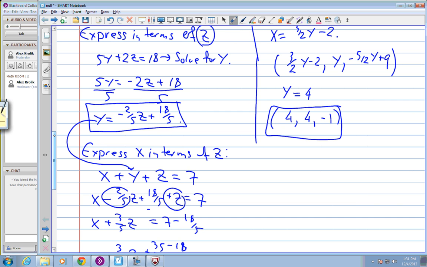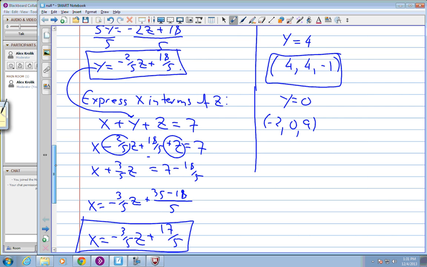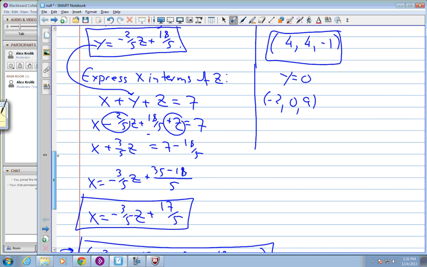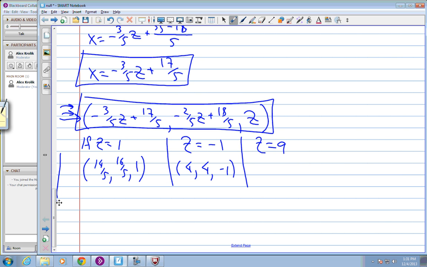There's an easy point to do. Let's say you let y equal 0, so what do you get? Negative 2, 0, and 9, right? If y equals 0 generates that point, that means if I let z equal 9 here, the other two should come out to be negative 2 and 0.